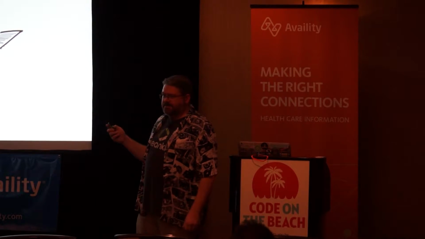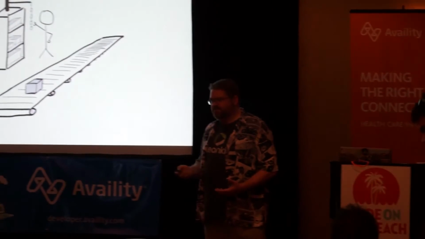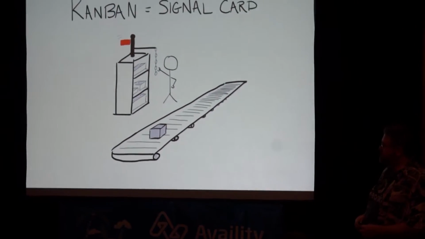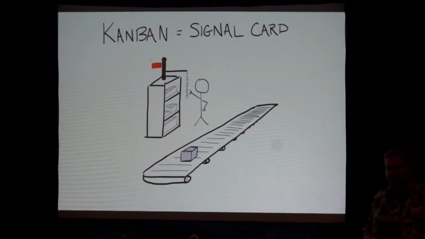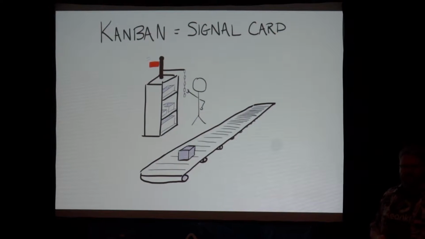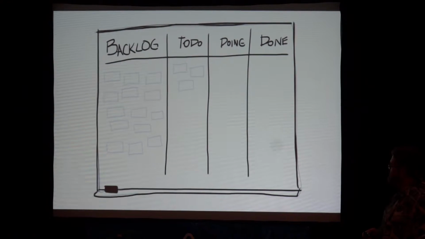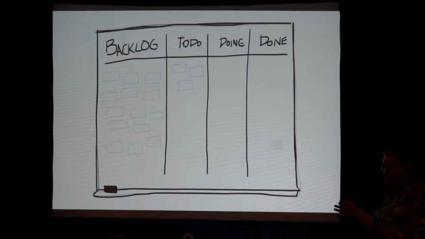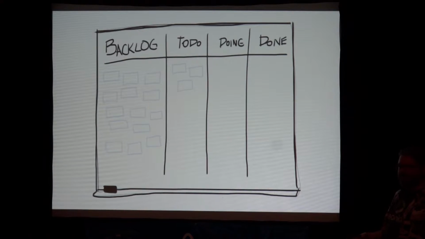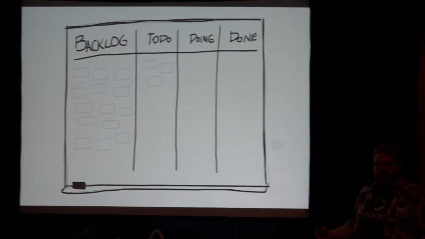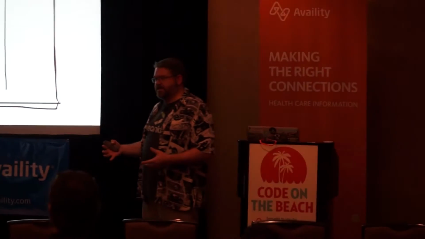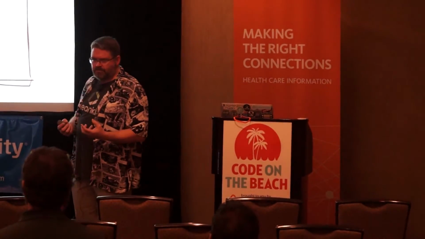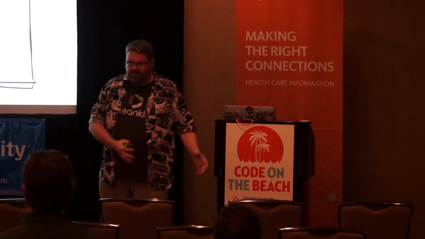And Kanban loosely means signal card. It's a way of signaling that there's capacity or work to be done. And a Kanban board, or the Kanban method, is because we live in the knowledge work world. We're doing software. We're writing code. We're doing creative things that aren't always physically tangible. So we're not dealing with inventory of parts.